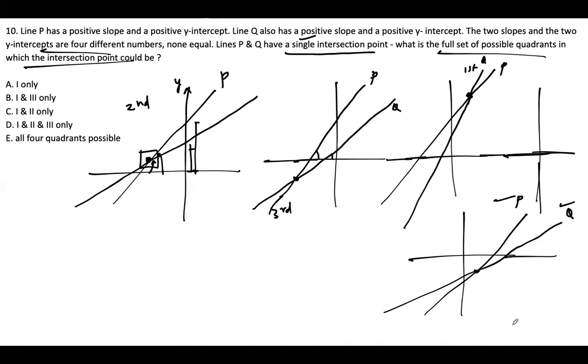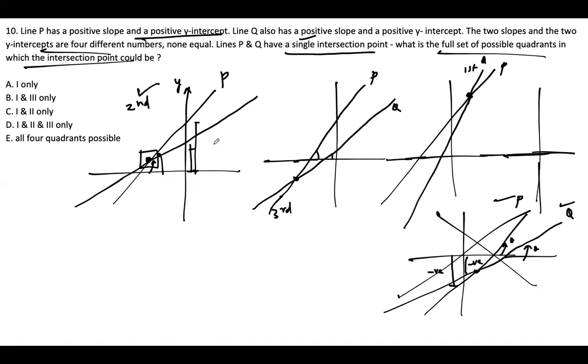Both the lines have a positive slope. Theta is between 0 and 90 degrees. Slope is positive. Astha? The y-intercept is negative. See, the y-intercept here is negative. The question is saying positive y-intercept. Hence, this case is rejected.